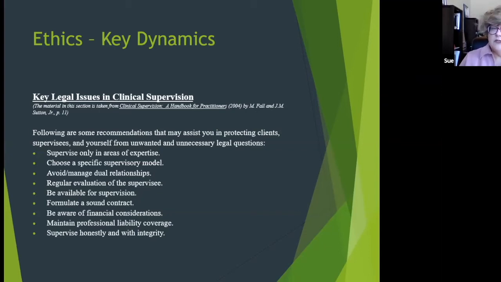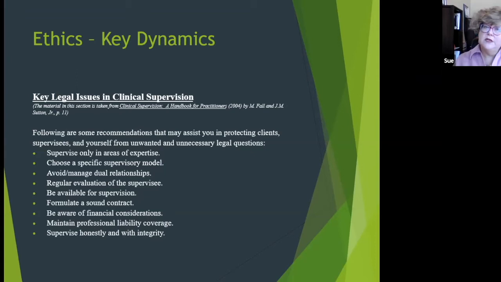Avoid and manage dual relationships. From a clinical standpoint, we understand the dual relationship piece: we don't clinically work with our friends, family members, or romantic partners. The same thing goes for working with supervisees. If you work in an academic setting, some of those lines can get blurred: I may be teaching you in a class one hour, and the next hour you're my supervisee because you're doing a practicum.